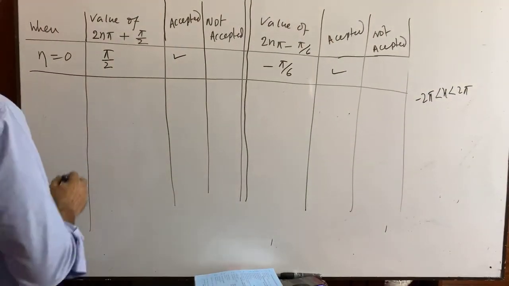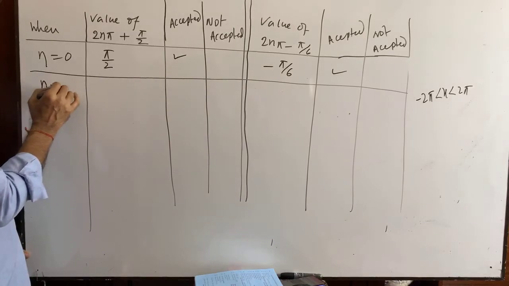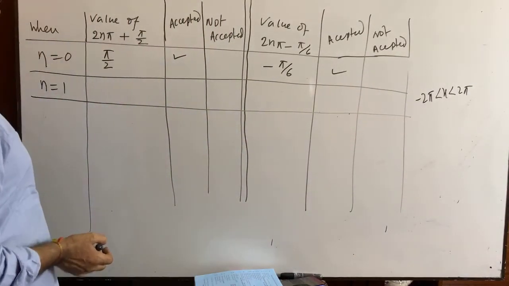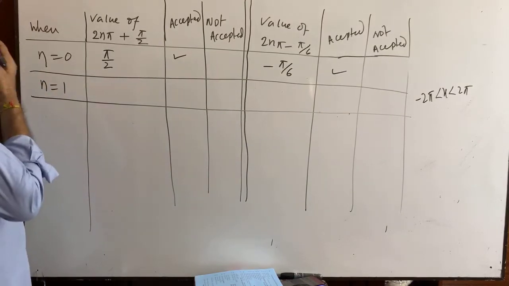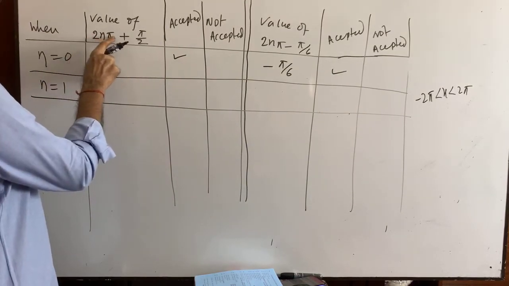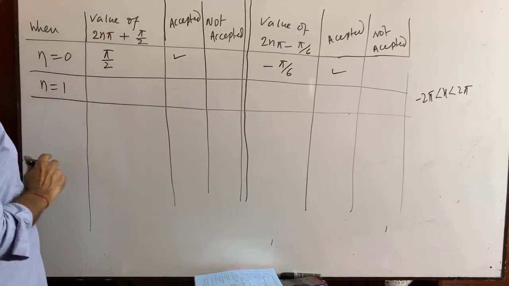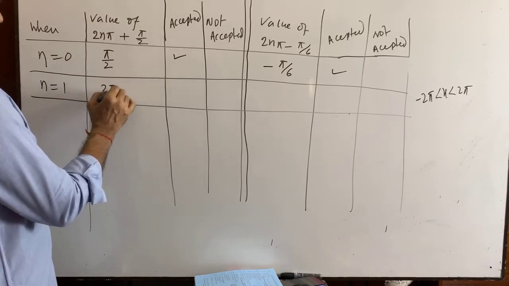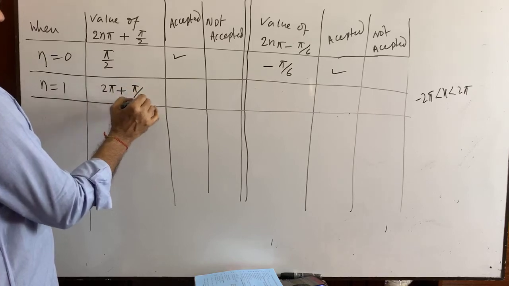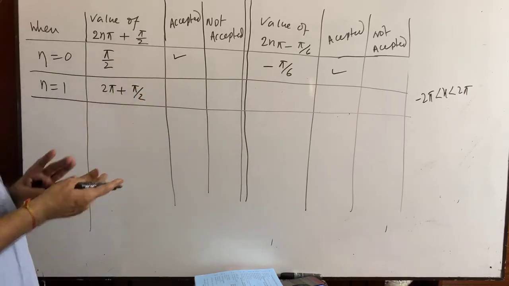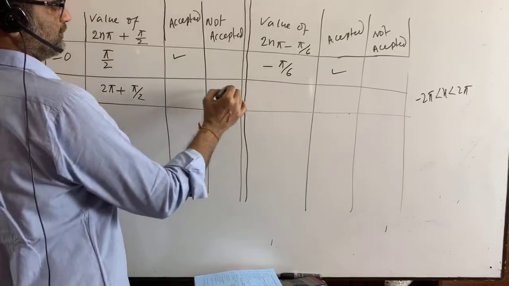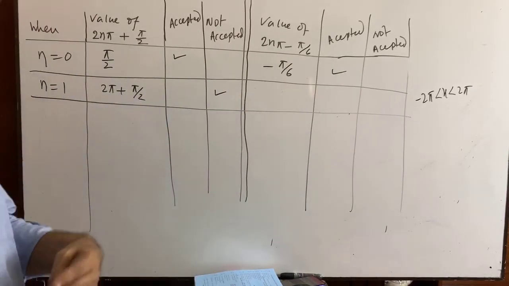Now if n equals to 1, what are we getting? For n equals to 1, we are getting 2 pi plus pi by 2.